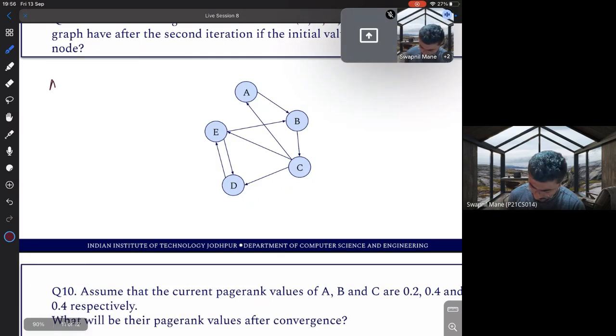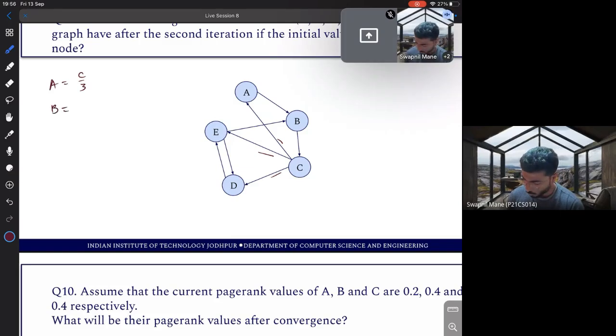Only node C contributes to A, but C has three outgoing edges, so C divided by 3 goes to A. There is only one incoming edge for A.